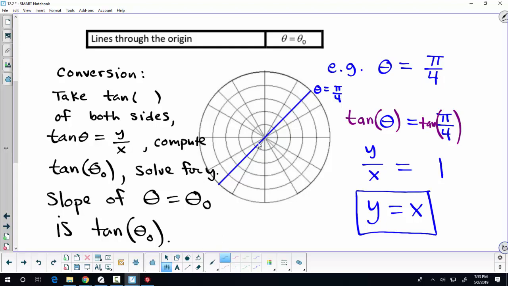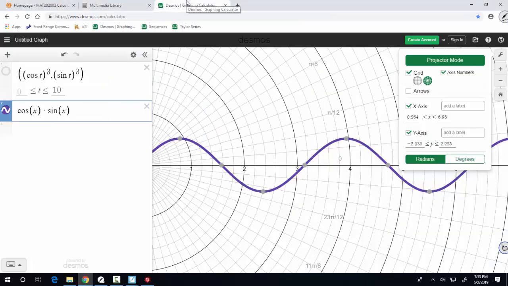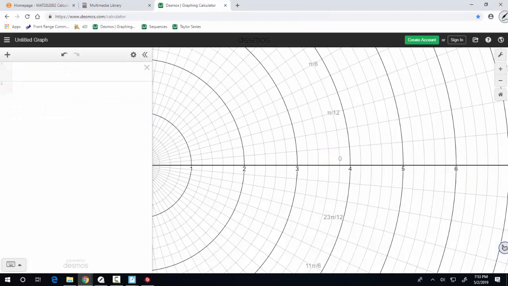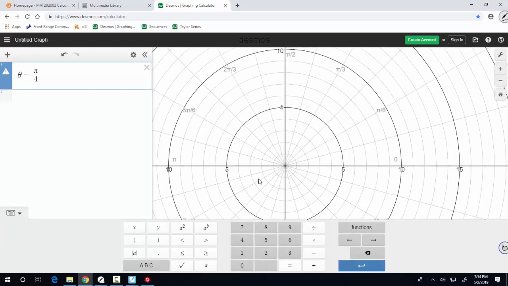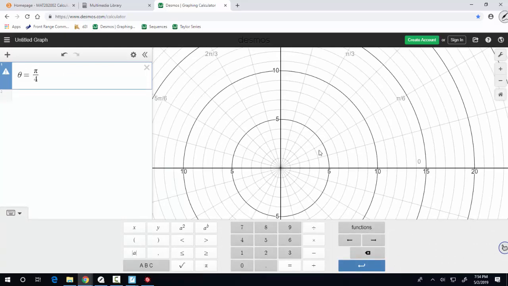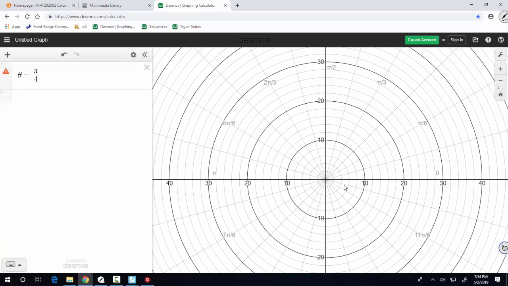So if I describe the line by theta equals 5 pi over 4, isn't that the same line? You see that sort of non-uniqueness happens right there. I guess it does have some limitations.